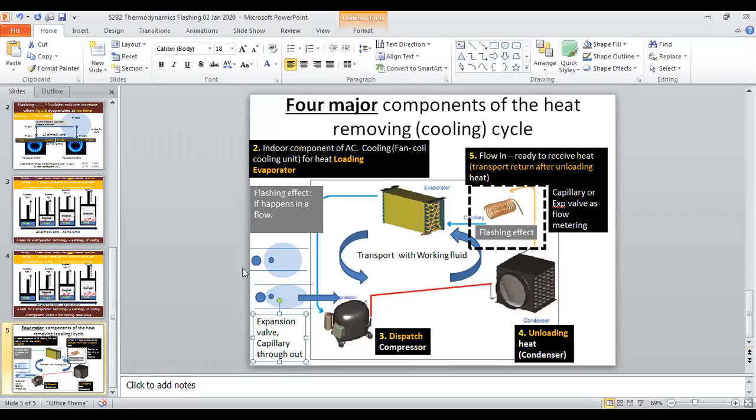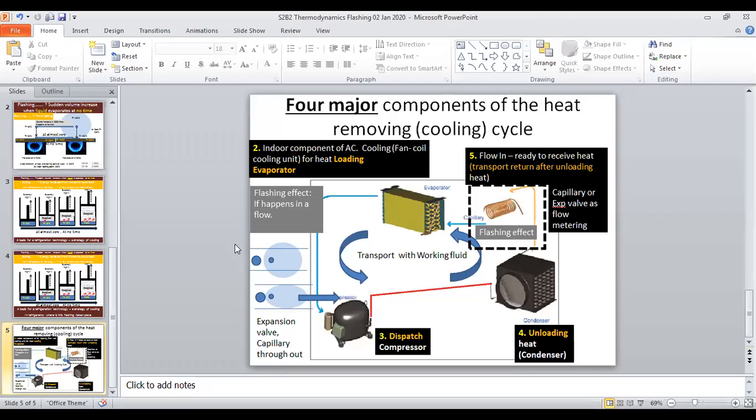In an expansion valve, of course, it's almost sudden because of the restriction. It's a tiny pinhole-like thing, and the compressor's suction power somehow needs to pass this refrigerant flow, but against it there is the metering device, so there is a huge pressure drop. So the flashing takes place.